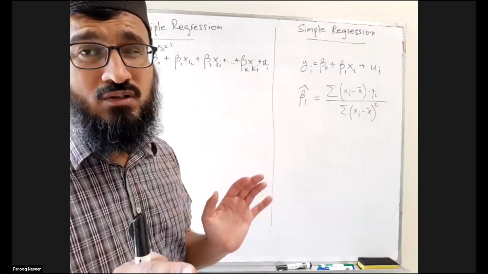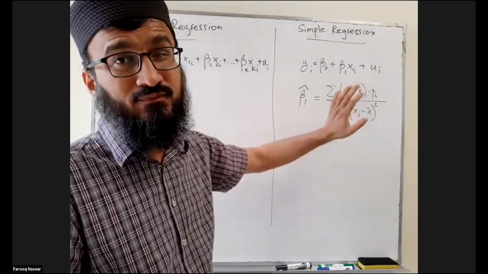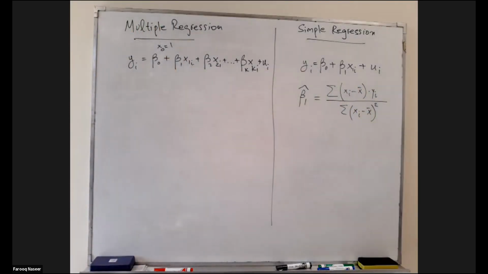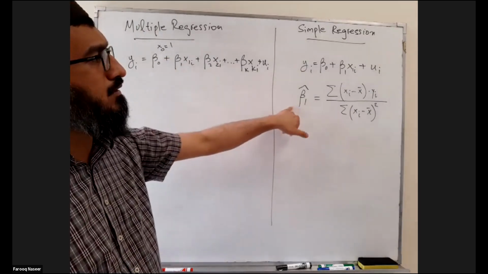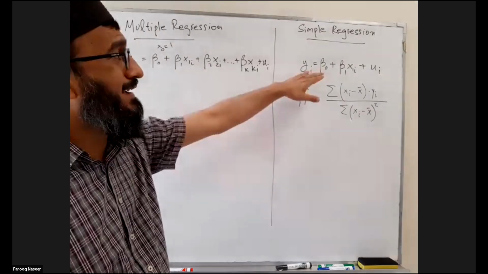I can't drop both, but I can drop either y bar or x bar from that product. Okay, so this is how we can write the OLS slope estimator in this model.